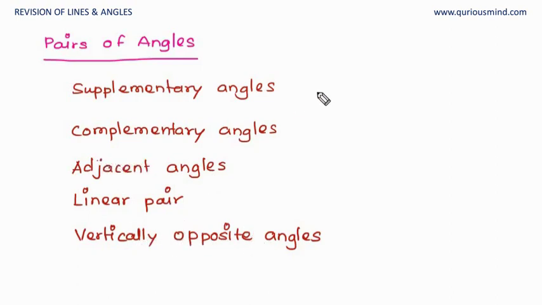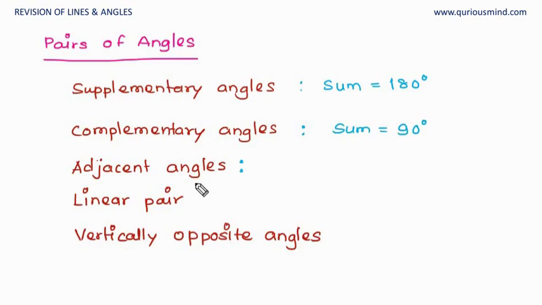Supplementary angles are when two angles sum is 180 degree, we call them supplementary. When two angles sum is 90 degree, we call them complementary angles.